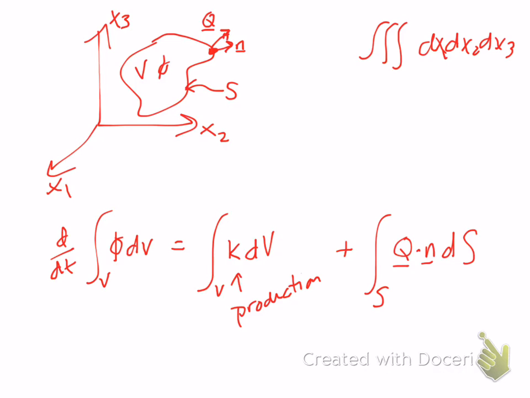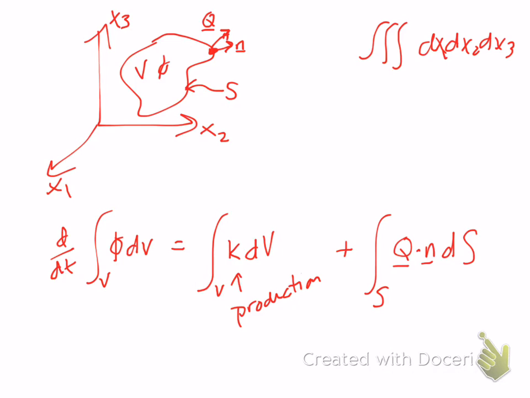So these concepts, that the amount of change within our volume is due to production of something and transport of something, apply to all conservation laws. So you can think about phi as energy. You can think of phi as momentum, which is the mass times the velocity it's moving at.